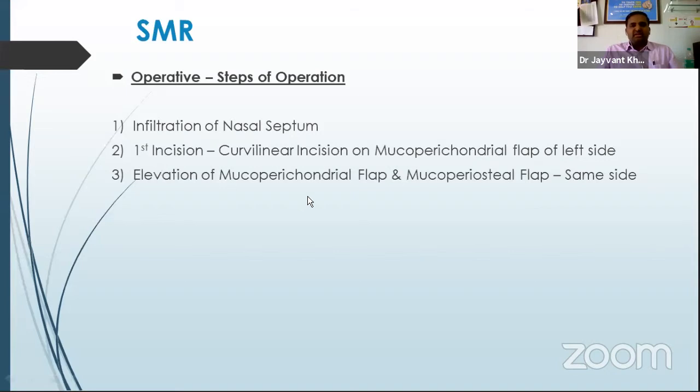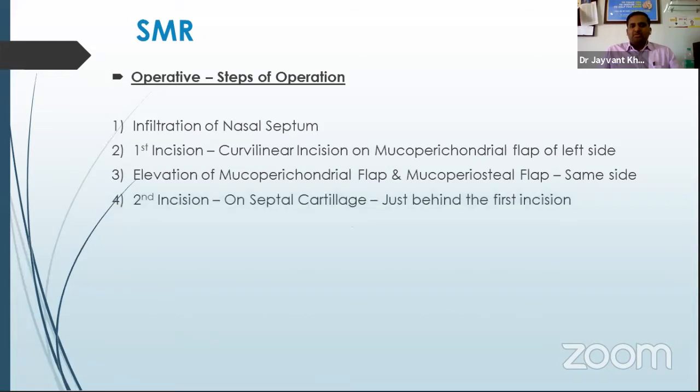On the same side of the first incision, after the first incision, with the help of the perichondrial flap elevator. First incision is taken by surgical blade number 15. Then elevation of mucoperichondrial flap and mucoperiosteal flap with the help of the perichondrial flap elevator. You can use it for elevation of flaps from the same side.